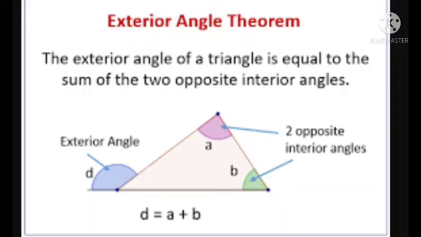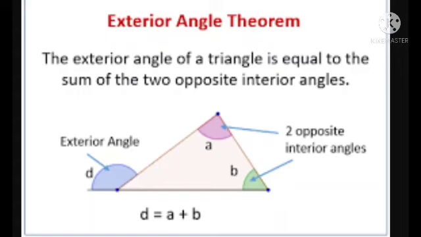Consider this triangle, and D is marked as the exterior angle of this triangle. Look at this figure carefully. A and B are the two opposite interior angles in this triangle, and D is the exterior angle of this triangle.